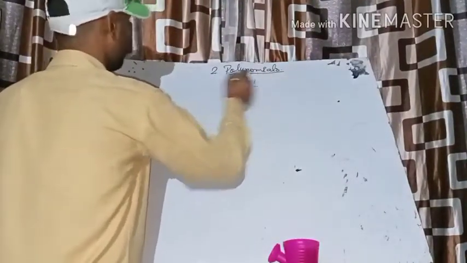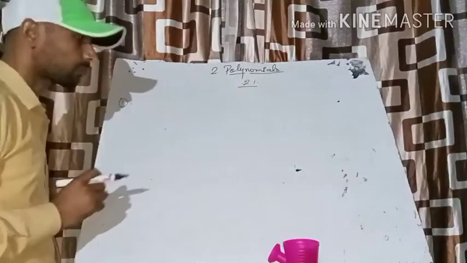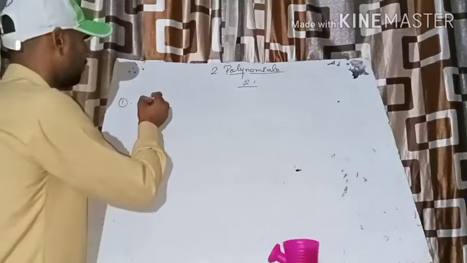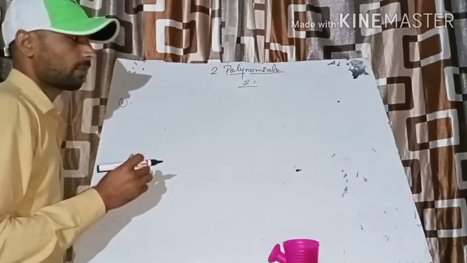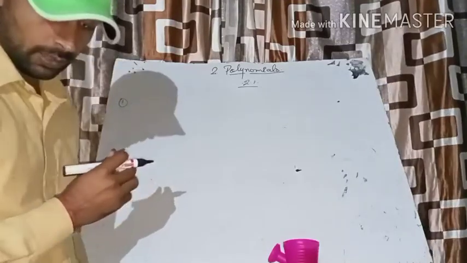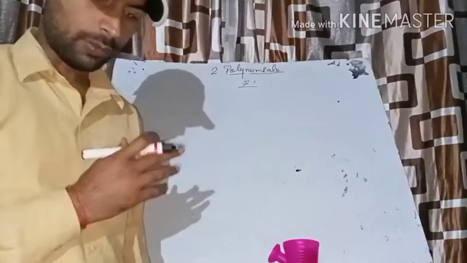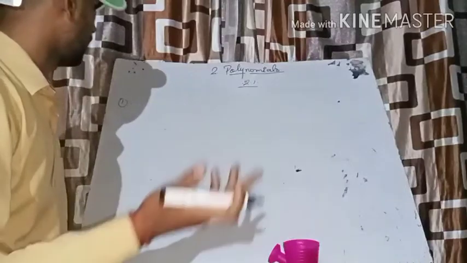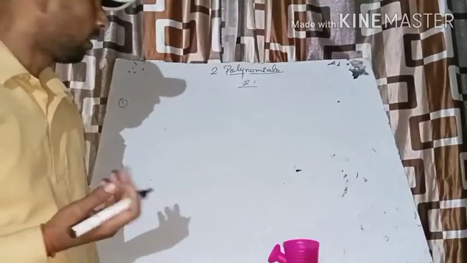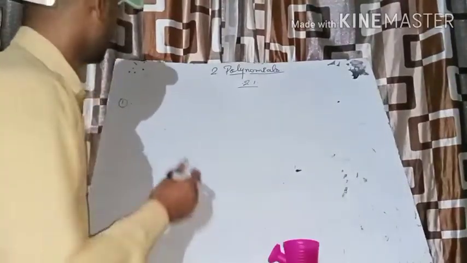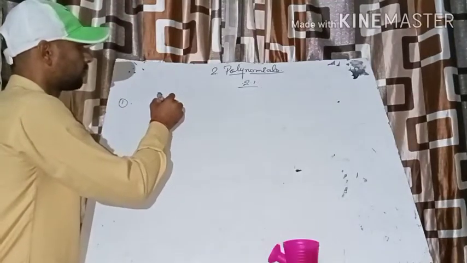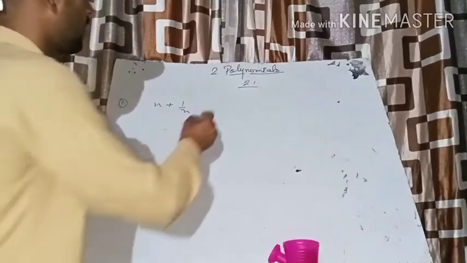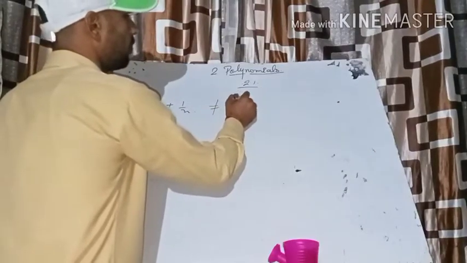Exercise 2.1. In the first question, which of the following algebraic expressions are polynomials? You know that if you have a term like 1 upon x, or x plus 1 upon x, then they will never be a polynomial.